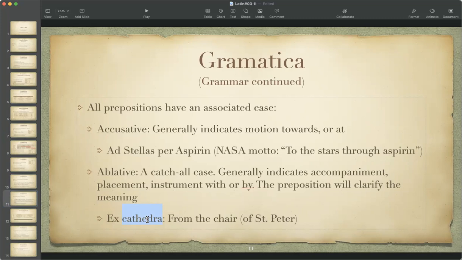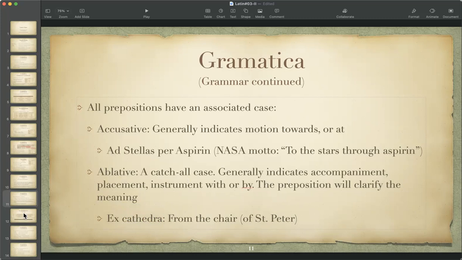Any ideas as to why cathedral from cathedra? The seat of the bishop. Yes, the chair of the bishop. So this means exactly that, from the chair of St. Peter. There are a whole lot more examples coming up shortly.